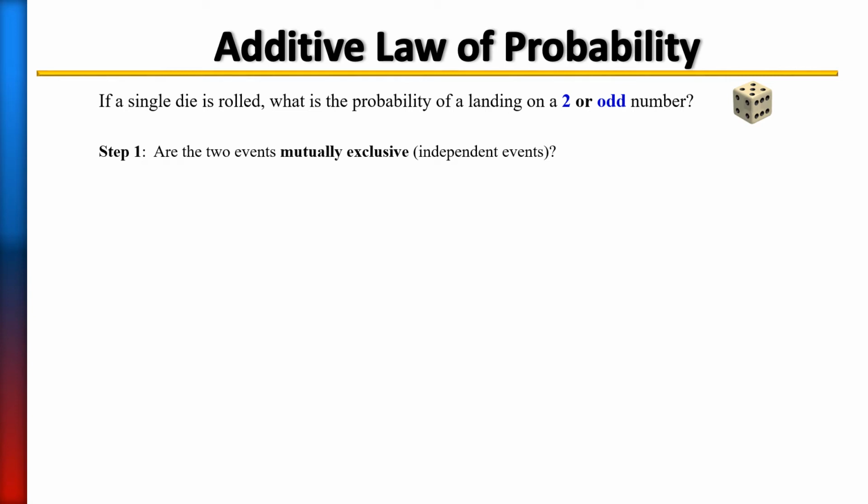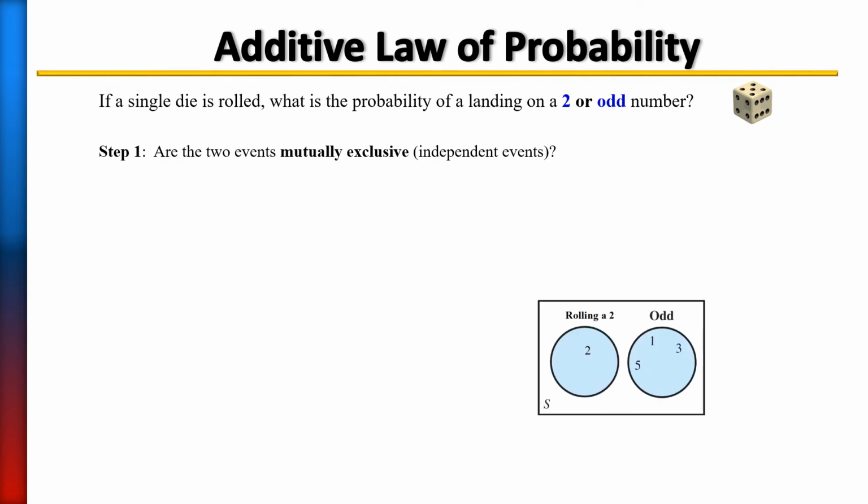So, landing on a 2 or an odd number. Well, is a 2 an odd number? No, 2 is not an odd number. So therefore, the event of rolling a 2 is a totally separate event than obtaining an odd number. On the die, your odd numbers are 1, 3, and 5, which are totally different from the 2. So therefore, these are two mutually exclusive events.